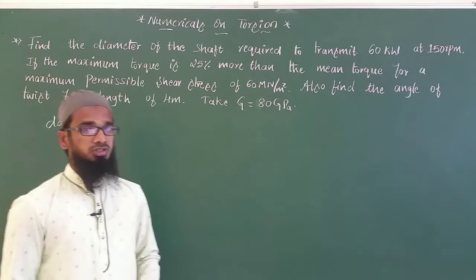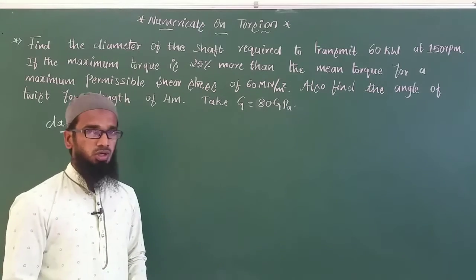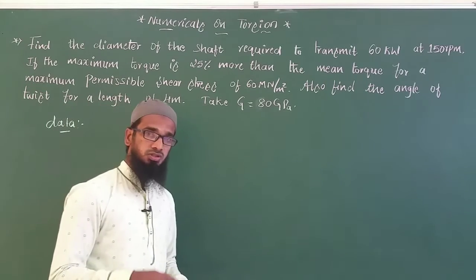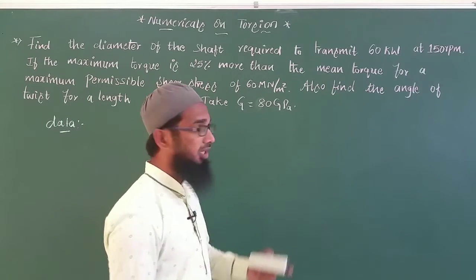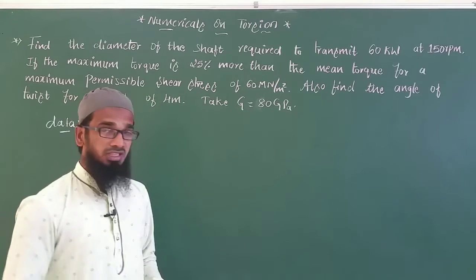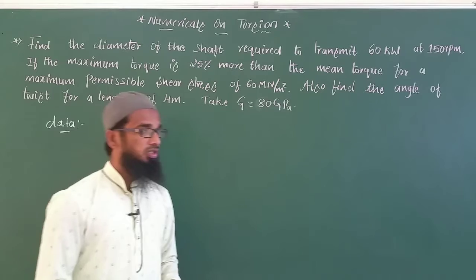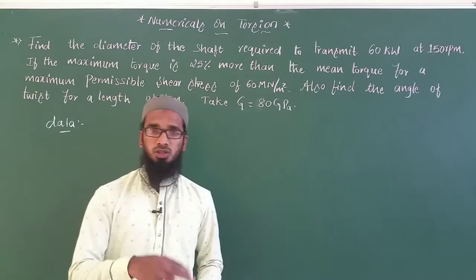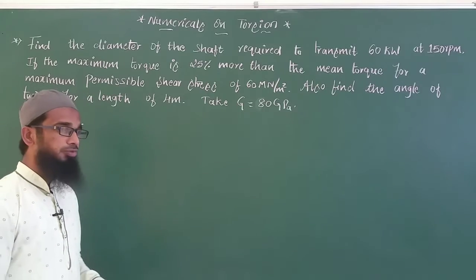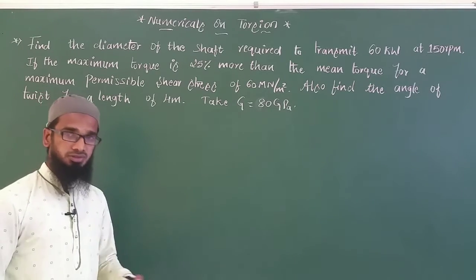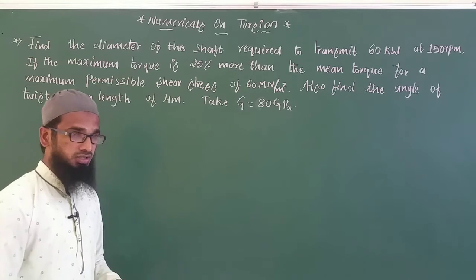The maximum torque is 25% more than the mean torque, and the maximum permissible shear stress in the shaft is 60 meganewton per meter square. The length of the shaft is 4 meter, and the modulus of rigidity G is 80 gigapascal. Now we have to find the diameter of the shaft and the angle of twist for that particular shaft.